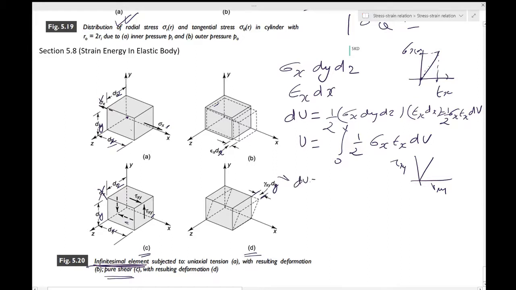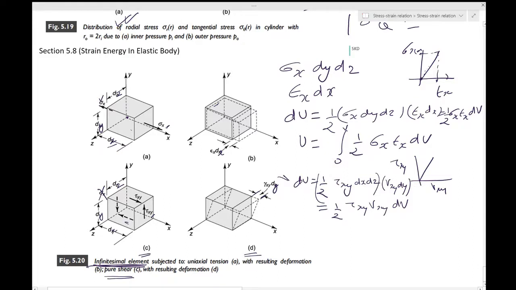So you would have dU is equal to half into the force, tau xy dx into dz, multiplied by gamma xy into dy, and this is equal to half into tau xy gamma xy dV, where dV is equal to dx dy dz. And if you want to find it for the whole solid, you would have to integrate it over the entire volume.